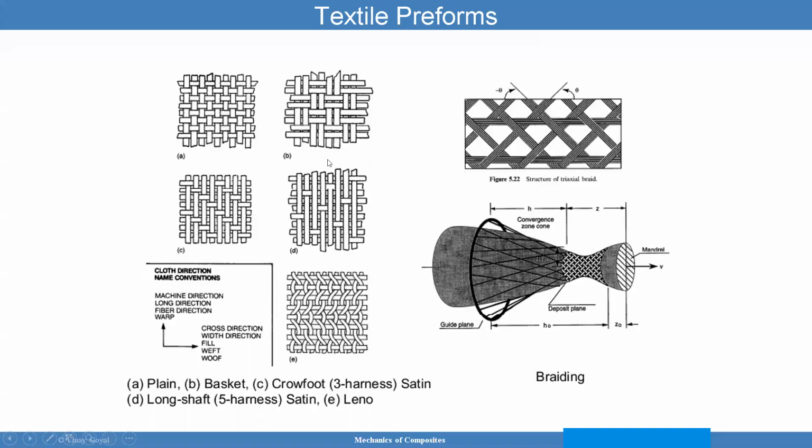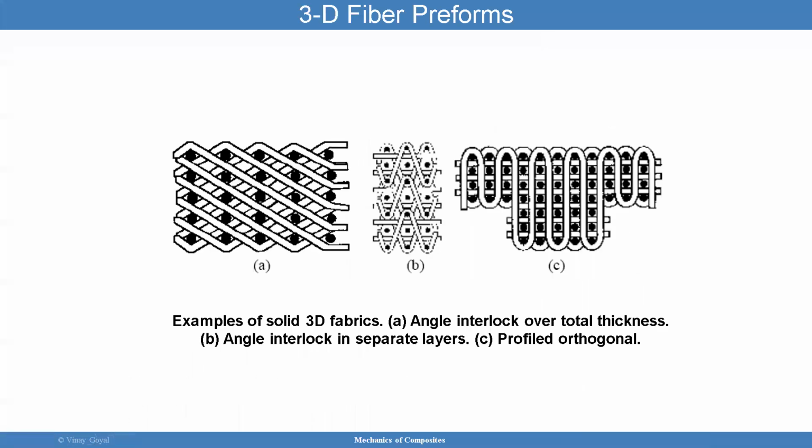These are your different textile preforms that you can use for making composites. You have the 3D fiber preforms that you're going to see a lot. You have the angle interlock here, the angle interlock with separate layers, and then you have the orthogonal.